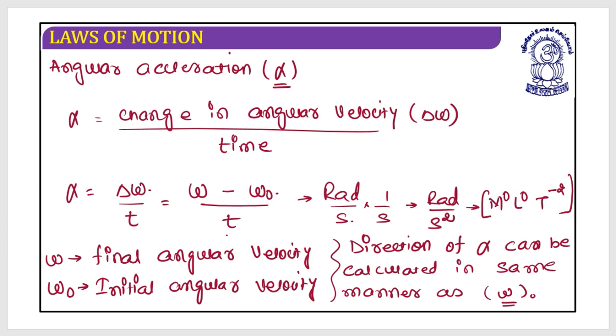Basically, these are axial vectors. Some authors also mention them as rotating vectors. So these are axial vectors, and this kind of name has been given to them.